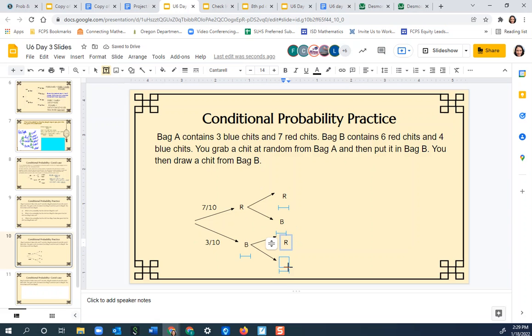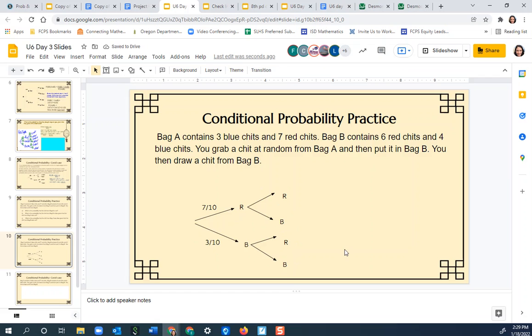So I want you guys to think about this because maybe somebody will be able to offer the answer before I say it. If I take a red ticket out of the first bag and I put it into bag B, how many red tickets would there be in bag B? Who agrees with 7? Who thinks it's a different number?